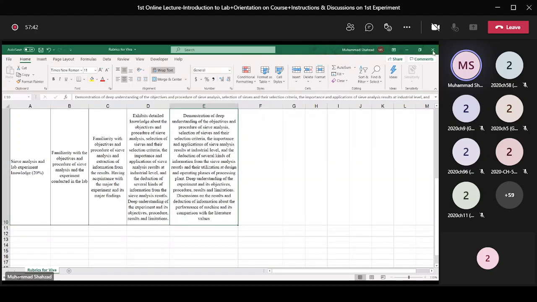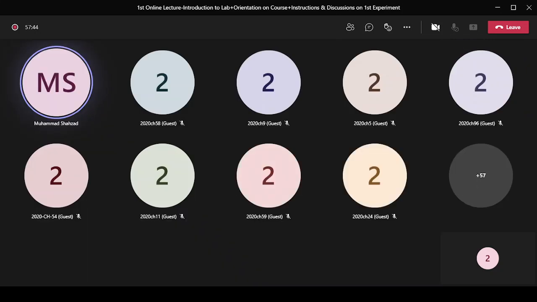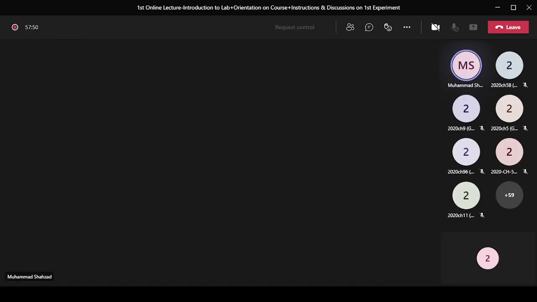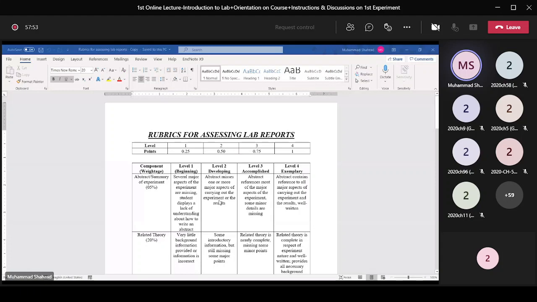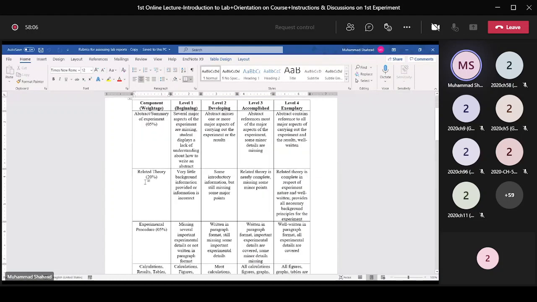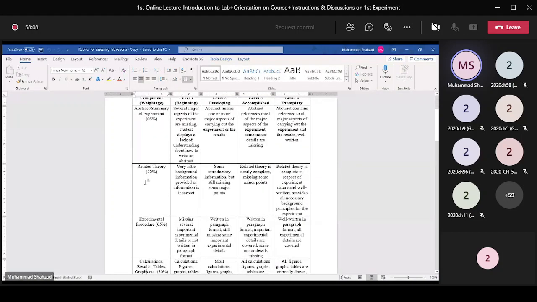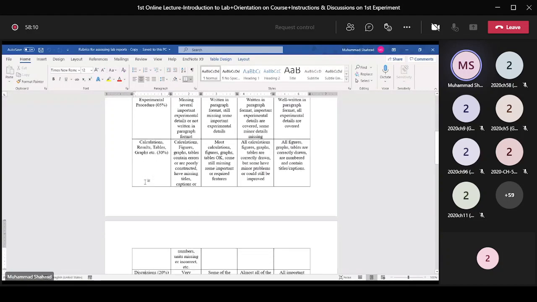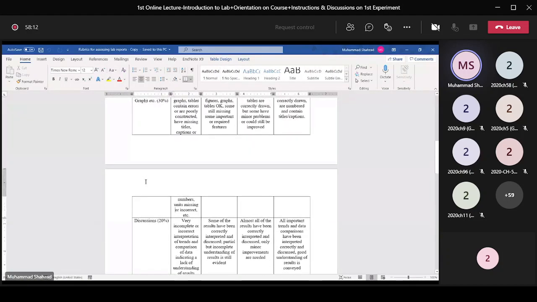The next one, rubrics for the lab reports. Okay. This is the Word file. Here you are supposed to write the first section, abstract or summary of the experiment and related theory, experimental procedure, calculations, results, tables and graphs, and then discussions. Obviously, discussion.